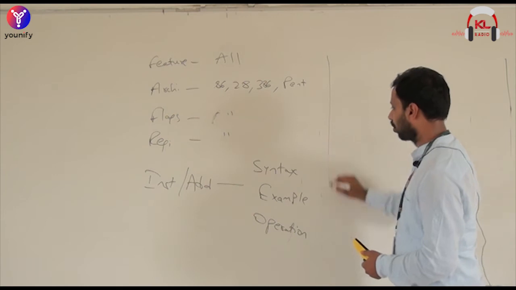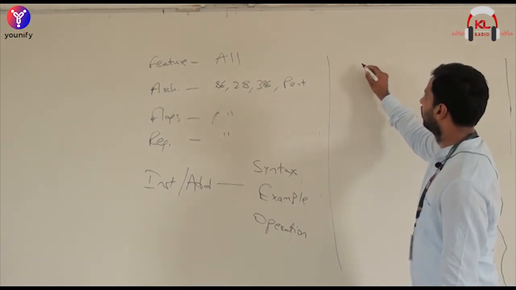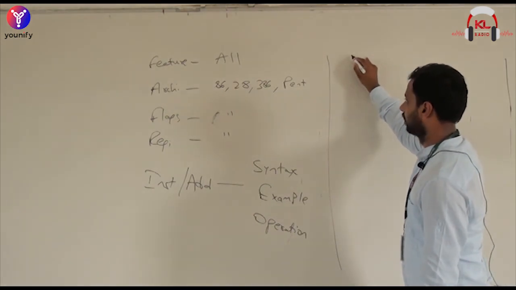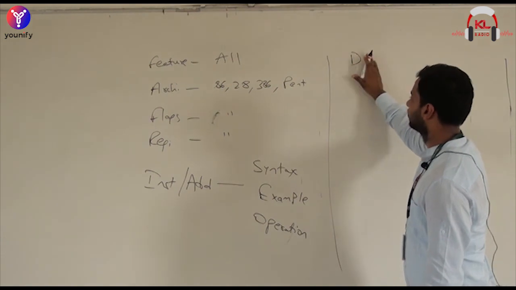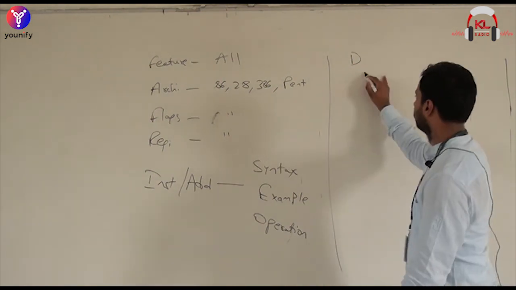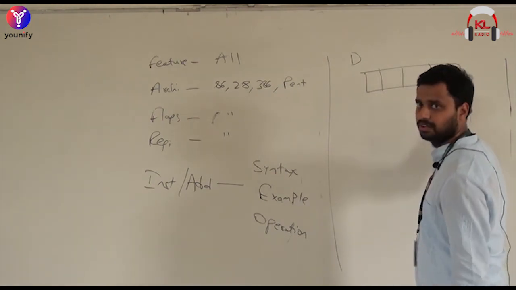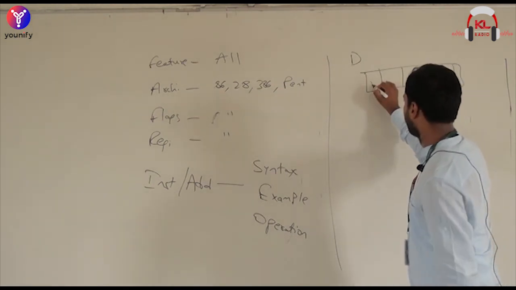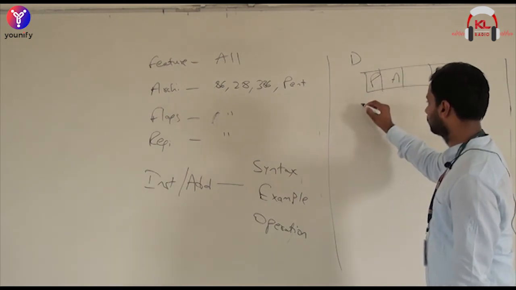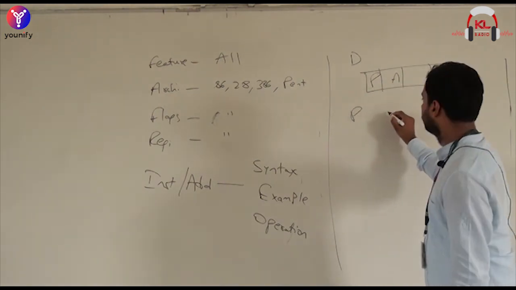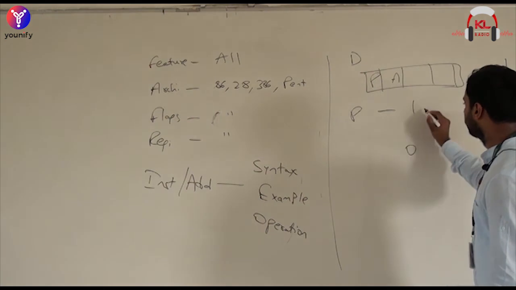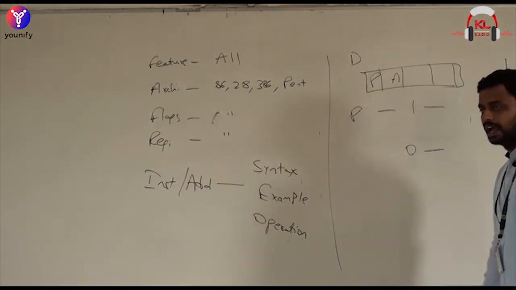Or whenever you are talking about some bits, so we have descriptors, page descriptors or segment descriptors. We have frames. So draw the frames pretty neat, maybe not the way I have drawn here. So we have P and A. Just mention what is P and mention the definition of what is 1 and what is 0.